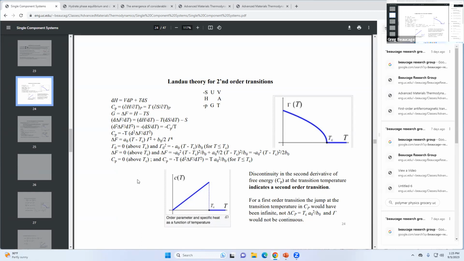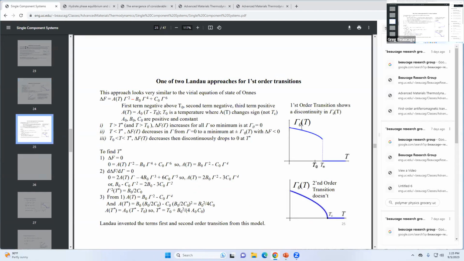The heat capacity, which you can calculate, has a step, but the order, which is the state function, is continuous. In the first order, the state function has a magic temperature, then there's a drop in it, and then it goes back to 0.